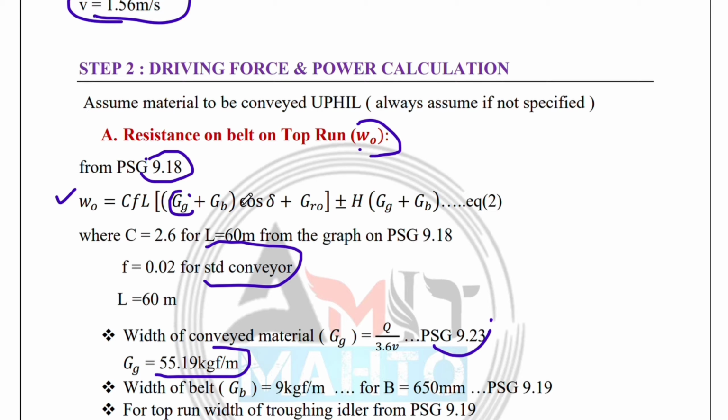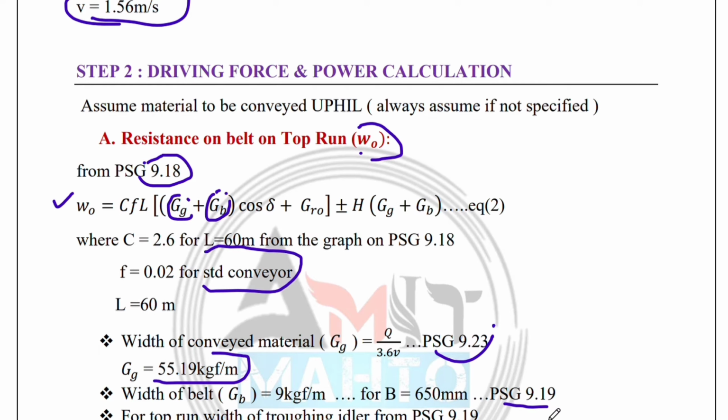Next is Gb. Now we will find Gb. So Gb is the weight of the belt, which is 9 kgf per meter. Go to PSG 9.19. At the top of this page there is a table, weight of conveyor belt.